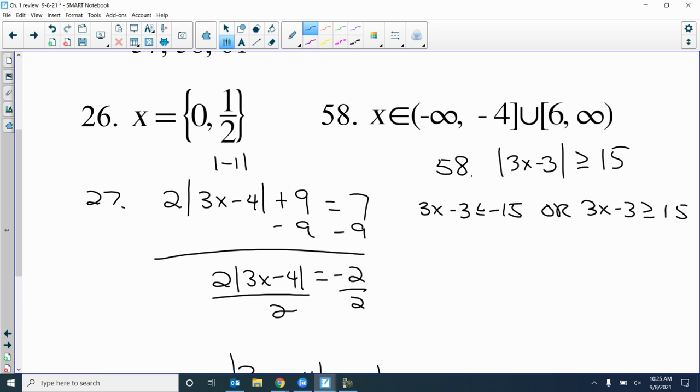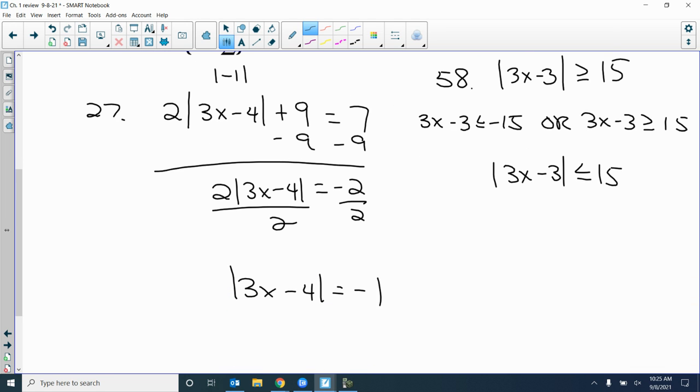If it's a less than or equal to, 3x minus 3 is less than or equal to 15, you can do it as 2 equations, or you can just sandwich it in between -15 and 15, either way. I prefer that way, but I'm not going to require one or the other.